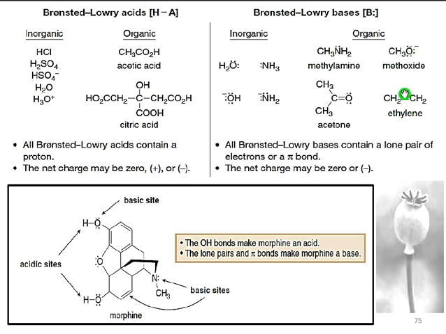And the ethylene, the pi bond here can also act as a base. And here we give you some, morphine is an organic compound. As we can say, there is an acidic side here, the hydrogen, and we have a basic side, and also here we have a basic side. That means in the same compound there may be an acid part and also a basic part.